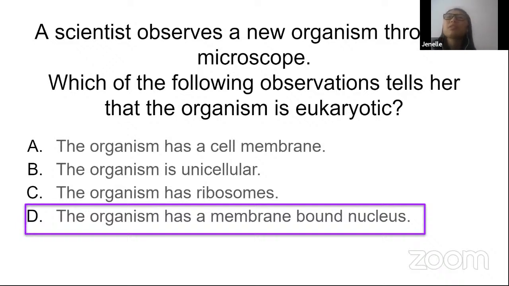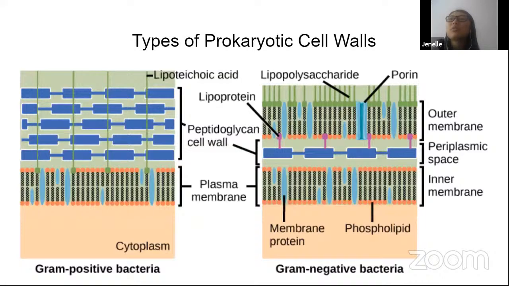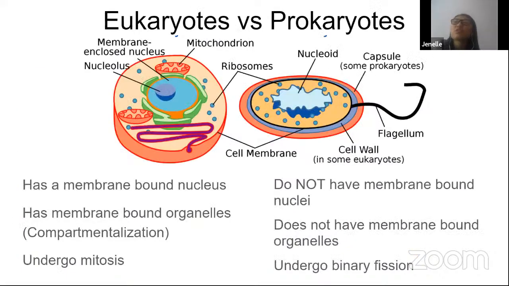Let me repeat the question. It says a scientist observes a new organism through a microscope. Which of the following observations tells her that the organism is eukaryotic? If I go back a little bit in the slides, one of the things I really wanted to stress was that prokaryotic cells do not have membrane-bound nuclei, and they also do not have membrane-bound organelles.